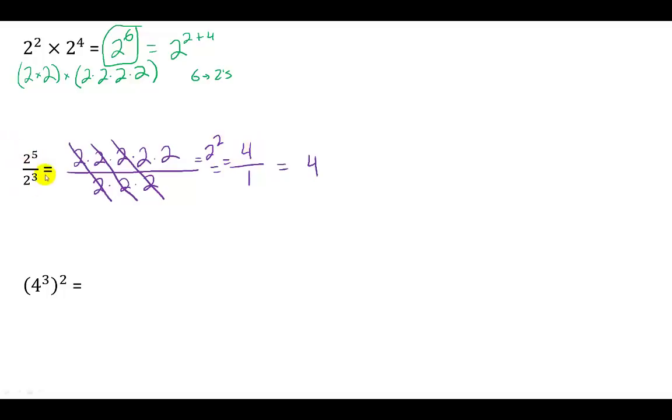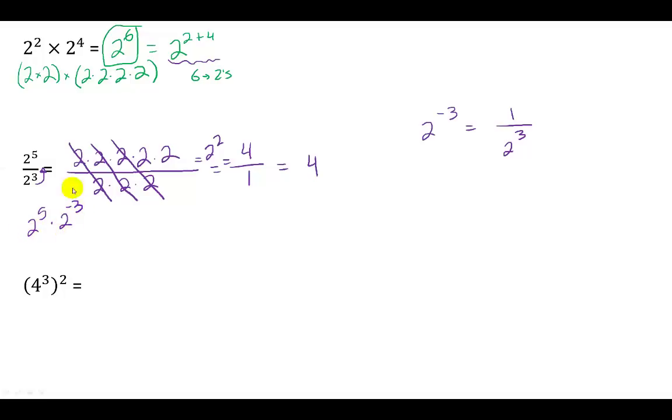A different way of showing that, using the exponent rule noted in the previous problem: if we had 2 to the negative 3rd, we would get rid of that negative by saying it's 1 over 2 to the 3rd. So if we have 2 to the positive third on the bottom and move it up, it becomes a negative. So that means 2 to the 5th times 2 to the negative third.